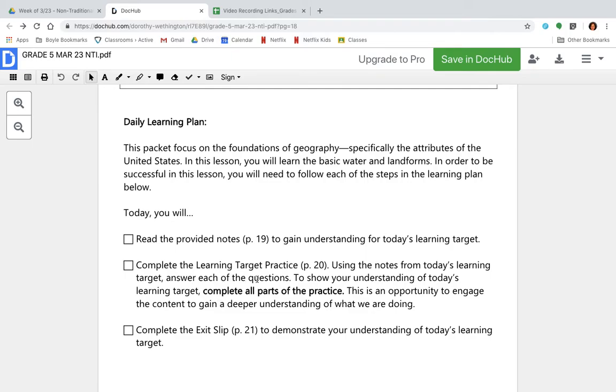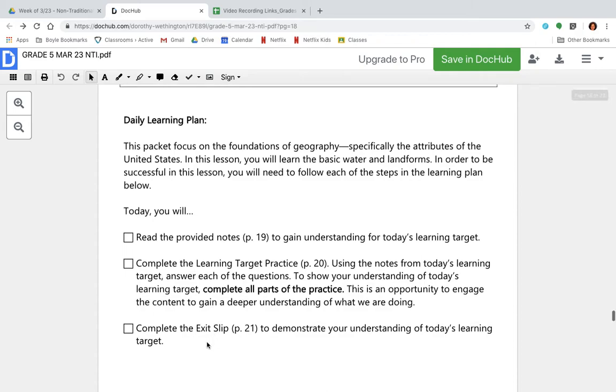Answer each of the questions. To show your understanding of today's learning target, complete all parts of the practice. This is an opportunity to engage the content to gain a deeper understanding of what we are doing. Complete the exit slip, page 21, to demonstrate your understanding of today's learning target.